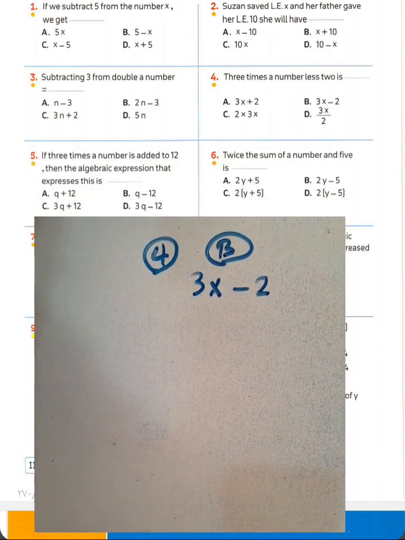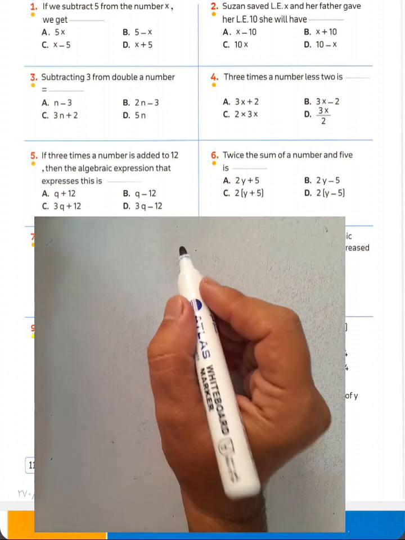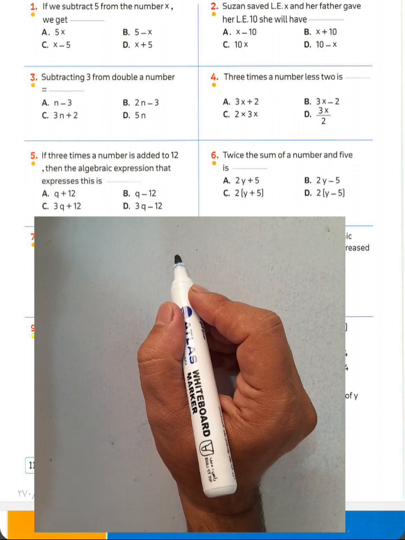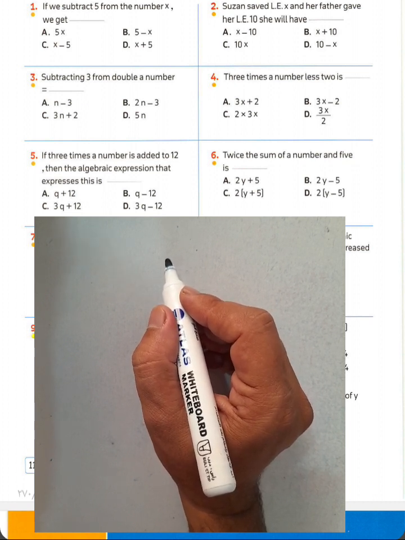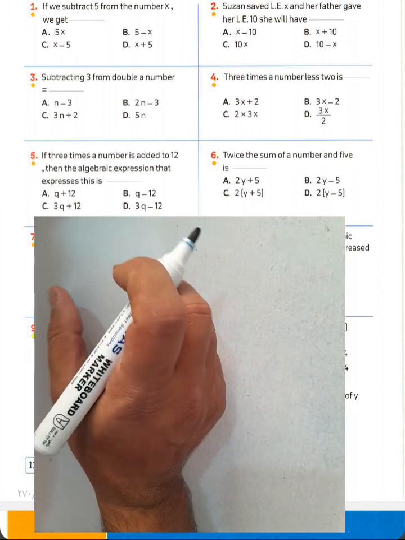Question number 5. If 3 times the number is 8 less than 12, then the algebraic expression that expresses this is what? You want to find the expression.